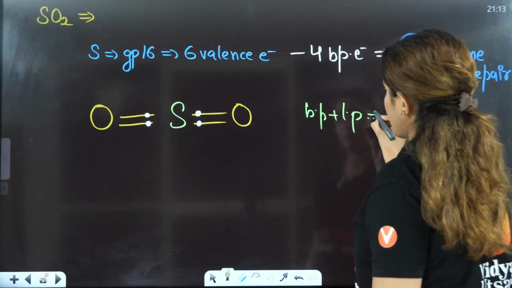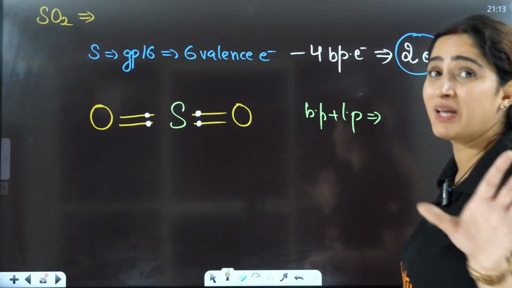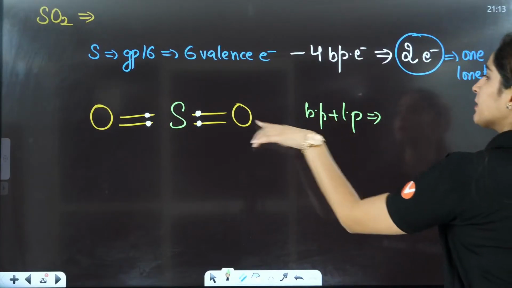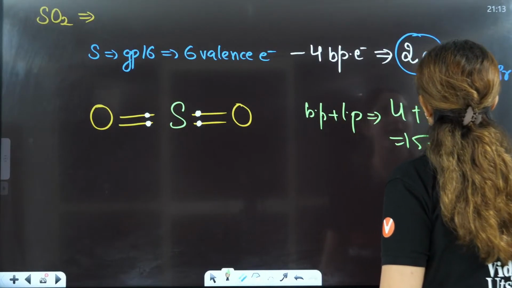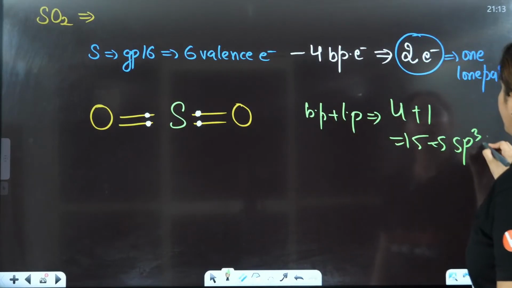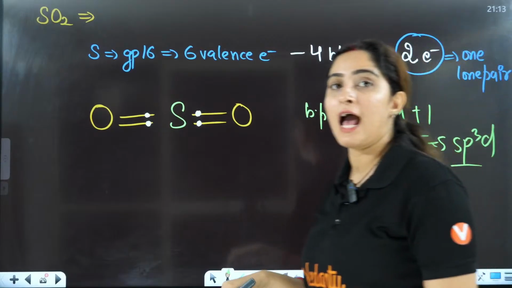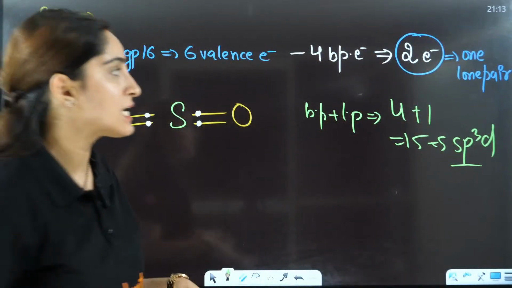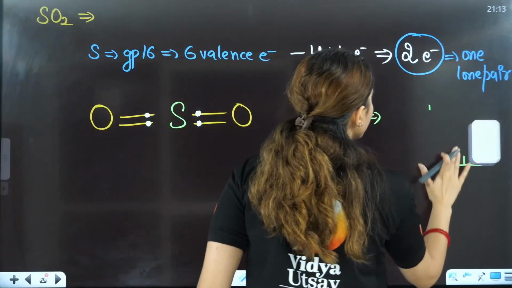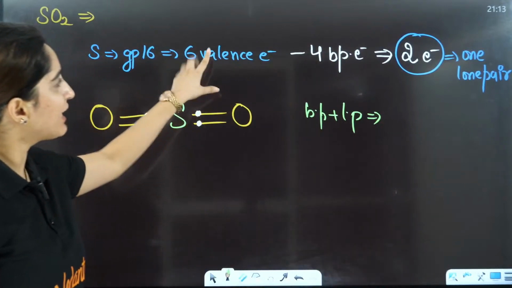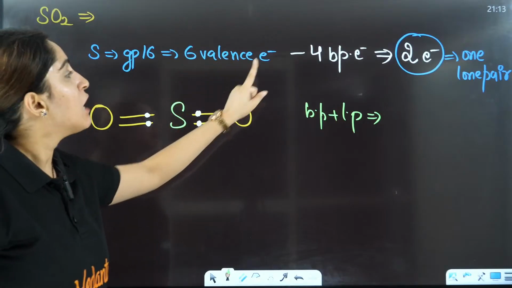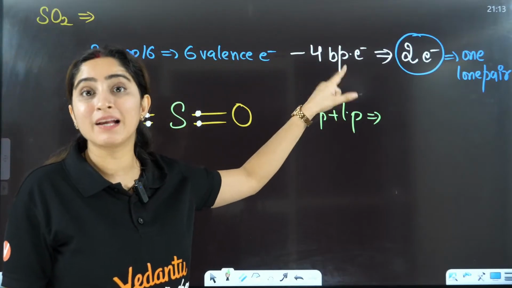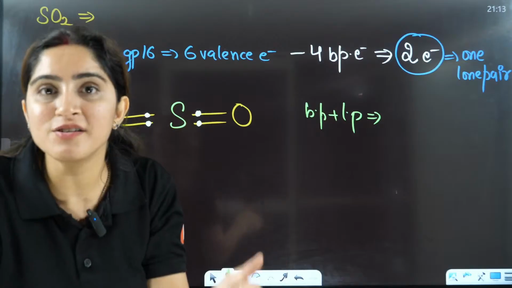You know, some students, what the biggest mistake that they do. Bond pair, ma'am, 1, 2, 3, 4, ma'am, 4 plus, ma'am, 1, ma'am, 5, ma'am, sp3d, ma'am. Trigonal bipyramidal, absolutely wrong, right? Why? Because what I told you, when you are writing here valence electrons, you will see the group. When you are writing here the bond pair electrons, you will see how many bonds it is forming.